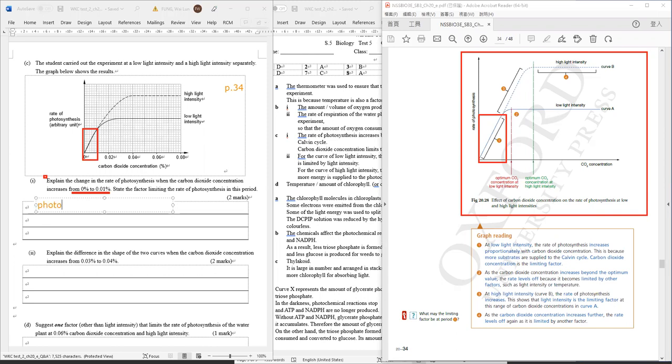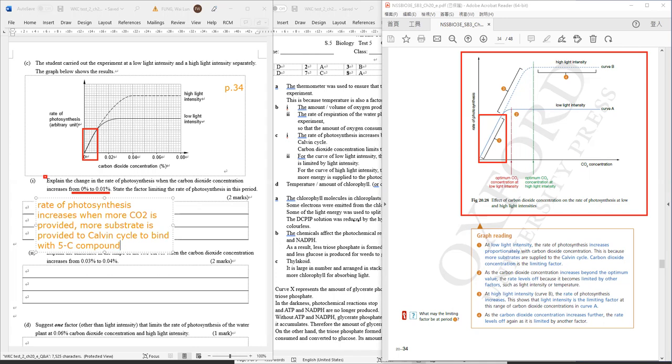Okay, photosynthesis speeds up, or the rate of photosynthesis, you can say it speeds up or increases because when more CO2 is provided, more substrate is provided to the Calvin cycle to bind with the 5C compound.